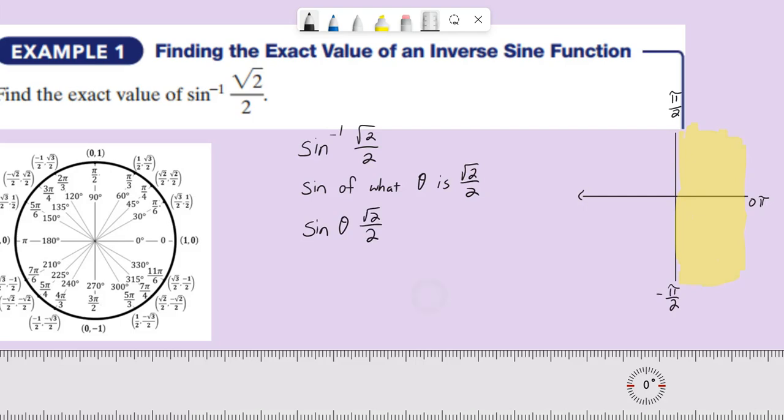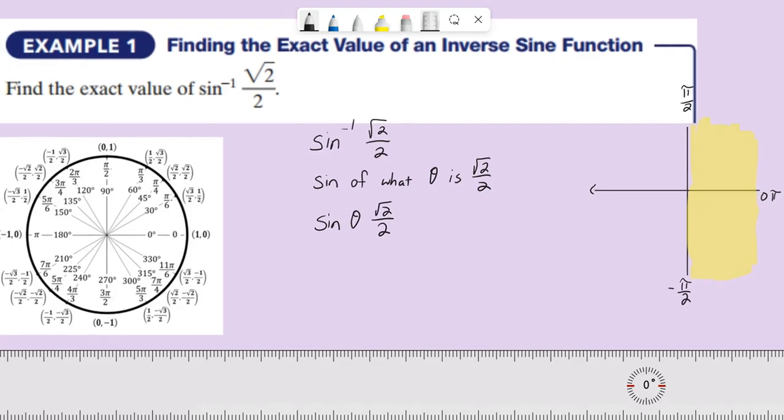So let's take a look at where we see the y value being root 2 over 2. And I see it at a couple of points here. I see it here. That's y right there. That's what we're looking for. And I see it here as well. But remember, we have restricted the domain, so this is not included now.